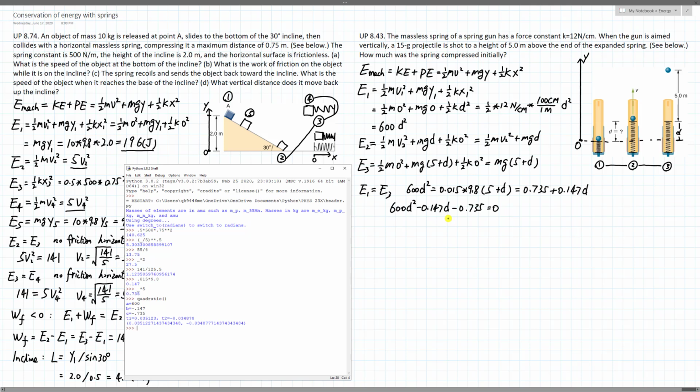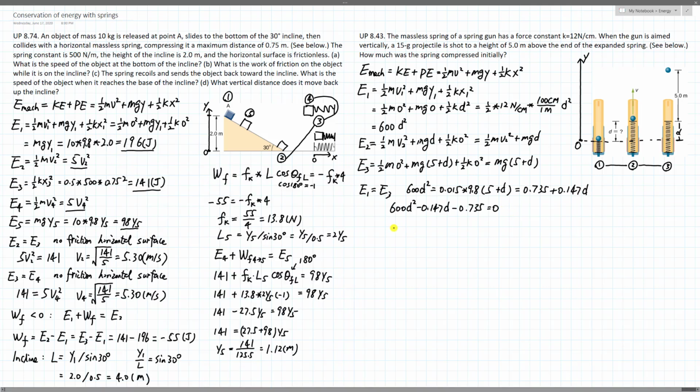Okay, so we have a positive and also a negative root, and apparently the distance has to be positive. So we'll pick the positive distance, 0.0351 right here. So that's roughly 3.5 centimeters of compression.